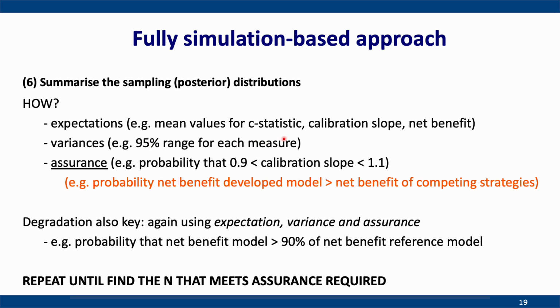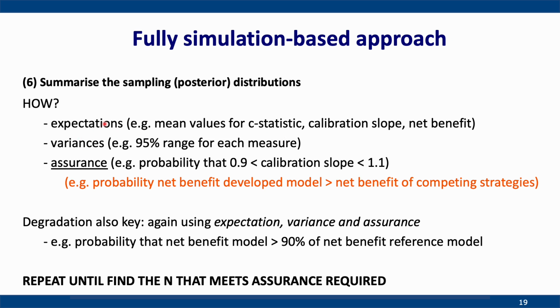So if the expected value is a C statistic of 0.7, but the variability may go from like 0.55 up to 0.77 or something, that's telling us something, not just about the expected value, but about how much loss there could be in one particular data set. And that's crucial, remember, because you only have one data set to develop a model. So what happens on average is interesting, but it's not going to give you confidence that you're going to get that because you've only got one data set.